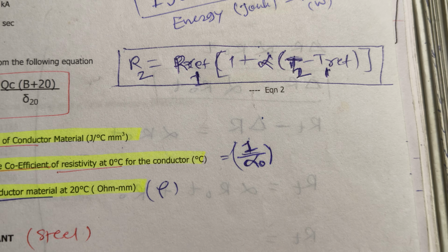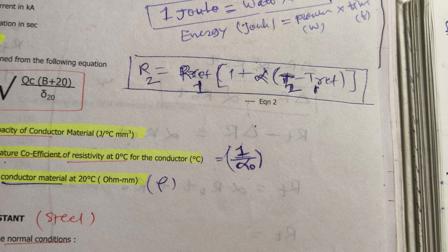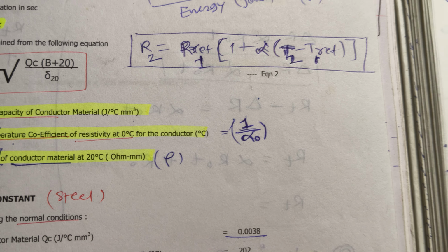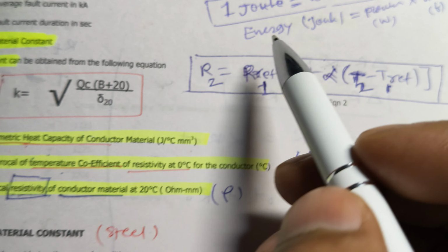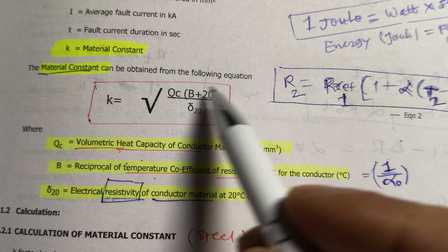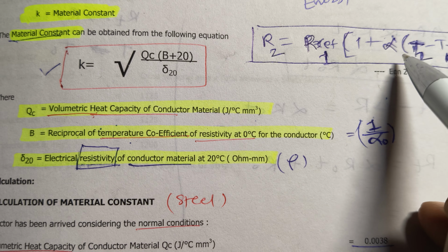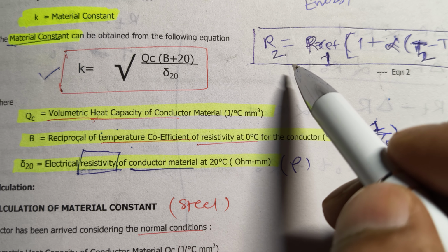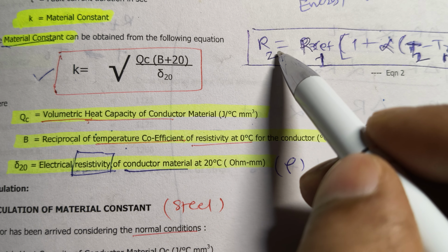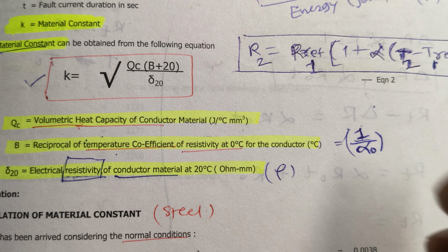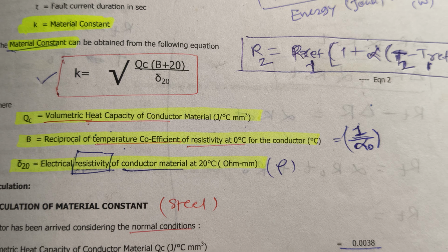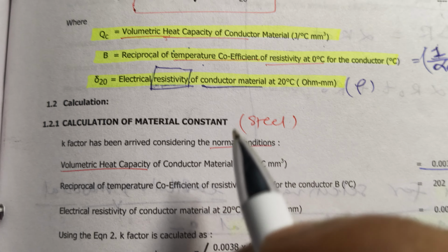These are the final and initial temperatures of the conductor. The conductor's temperature and other properties are required for the K factor. So we have just discussed this formula: the resistance of the conductor at temperature 2, the final temperature, and the initial temperature. This initial temperature may be the ambient temperature of the surroundings.